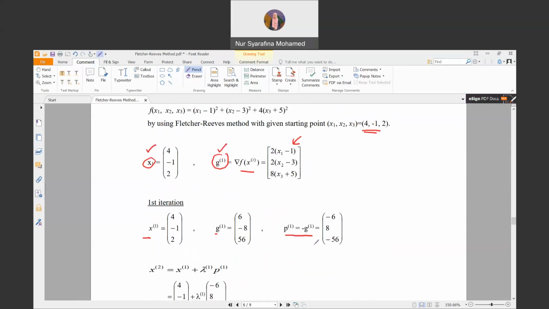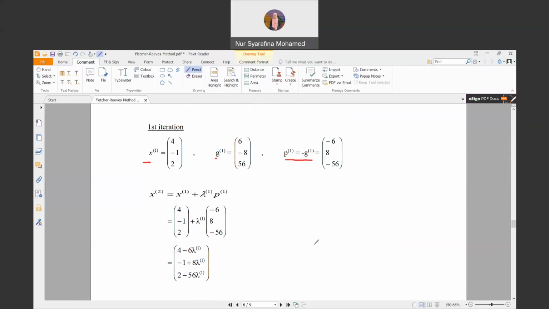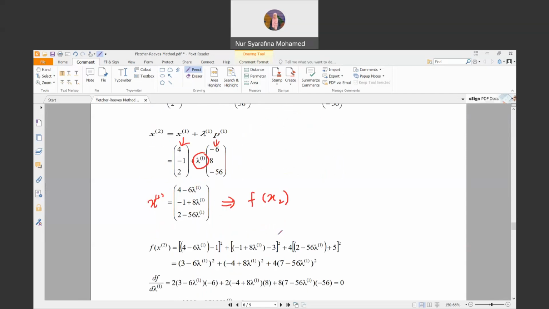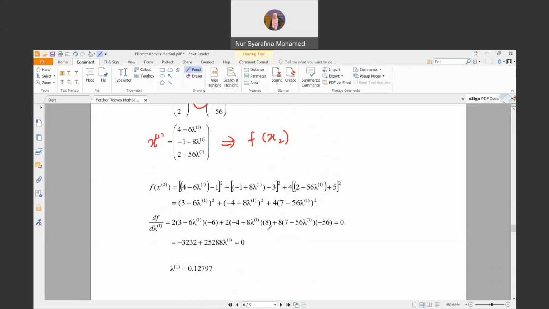All right, now you can have your x2. So x2 is given by x1 plus lambda 1 p1. Again, substitute what is given. So you have to find lambda 1 by substituting this x2 to your f, so that you will have f(x2). And then that lambda should minimize the function, so you need to differentiate f with respect to lambda, equal to 0, and find the value of lambda.